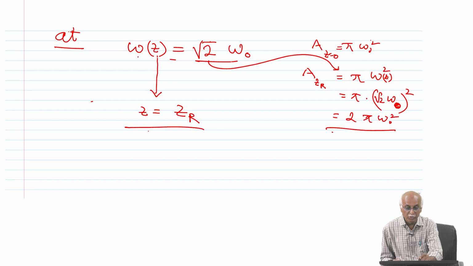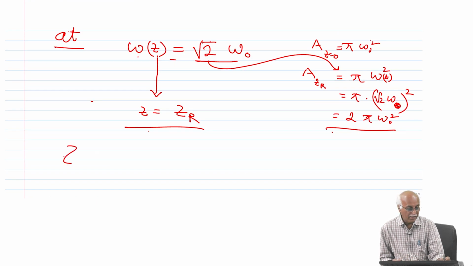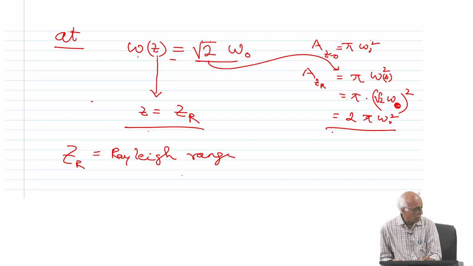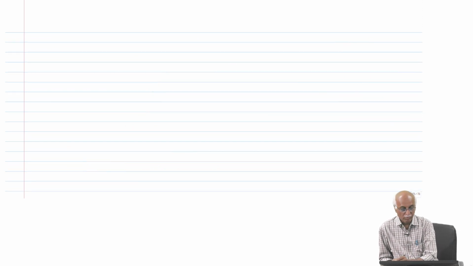So, if I substitute this in our previous equation, where W(z) becomes root 2 times W0, and estimate the distance z, then z, which is known as zR, the Rayleigh range, will be equal to pi W0 square by lambda.